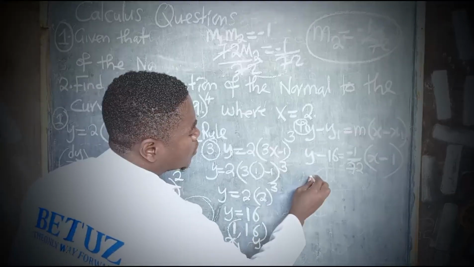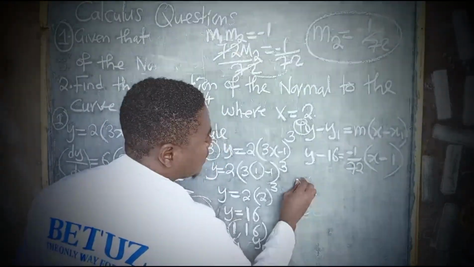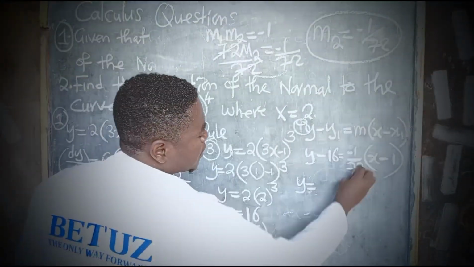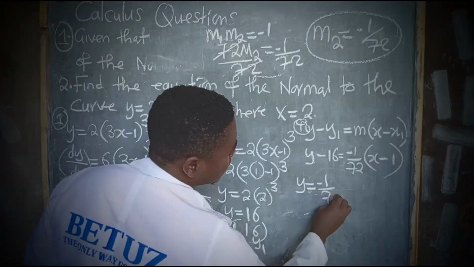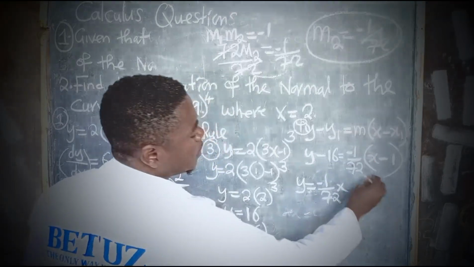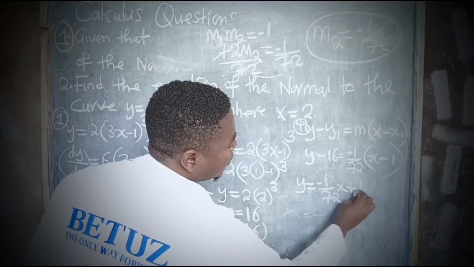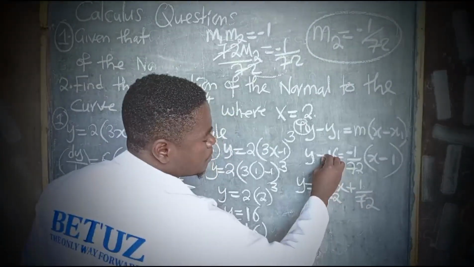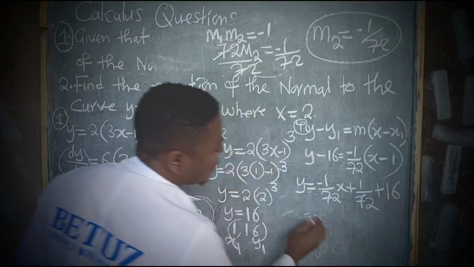The next thing I'm going to do, this -16 goes to the other side. So y is equal to -1 over 72 times x, it is -1 over 72x. -1 over 72 times -1 is +1 over 72. This is negative, when it goes aside, it becomes +16.